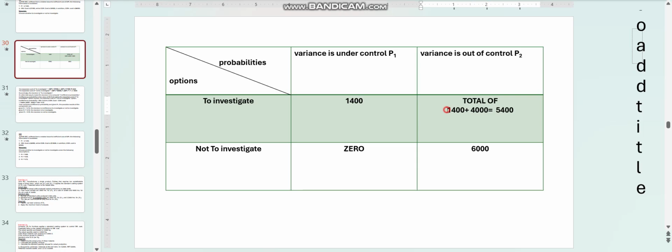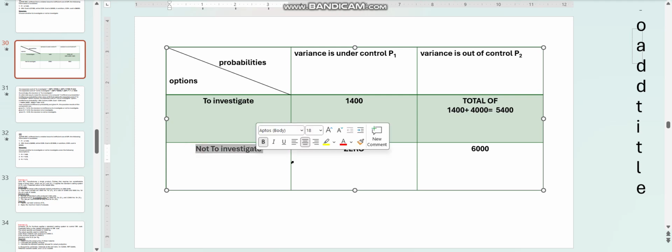While if you decide to investigate a cost variance that is out of control, you will afford total of 1400 investigation plus 4000 correction cost.